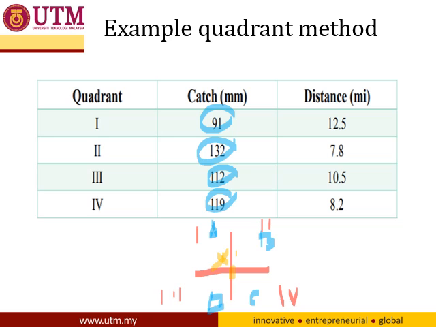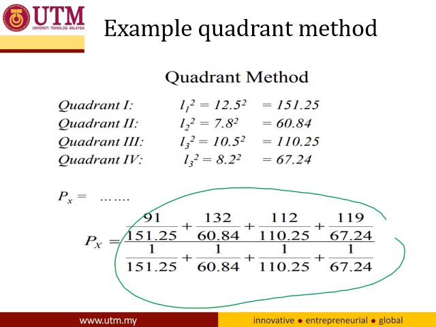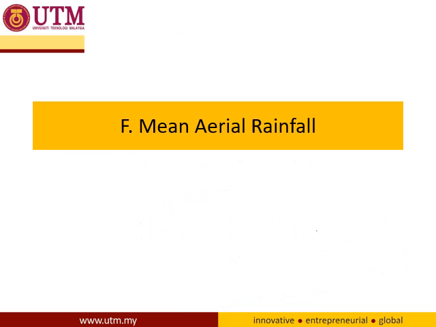And then the distance, the distance from X, so you get this distance. This is an example in miles. So you just put it in the formula, and you get your missing rainfall value at X. Okay, so that's all for the missing data methods.